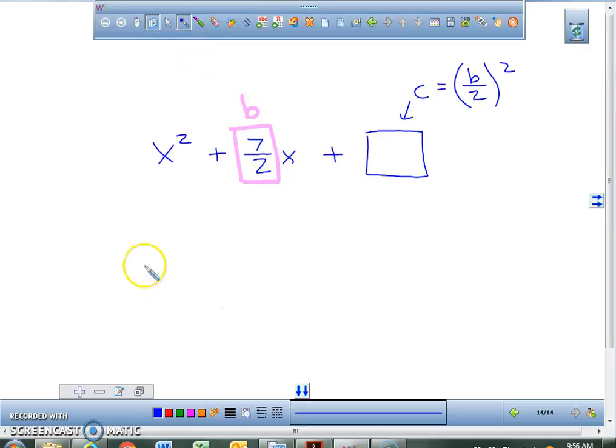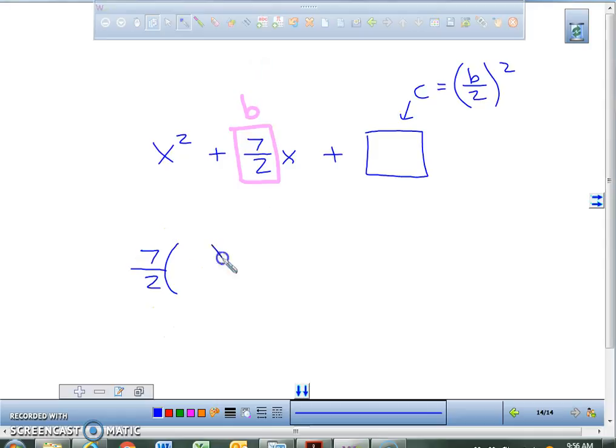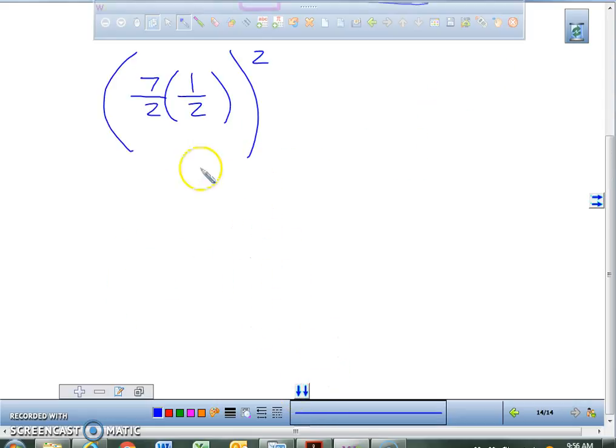So instead of taking 7 over 2 and dividing it by 2, I'd like you to take 7 over 2 and multiply it by 1/2 and then square it. So what is 7 over 2 times 1 over 2, Myra? That would be 7 over 4.